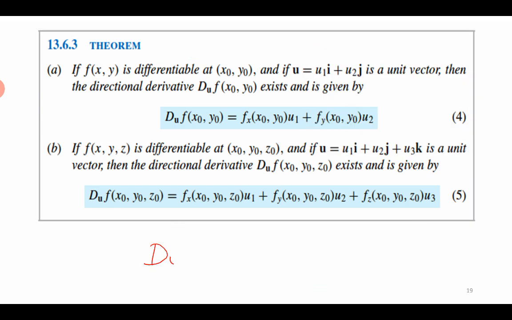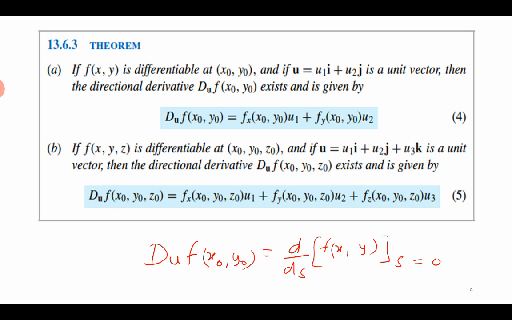So the directional derivative of f at the point x0, y0 is obtained as follows: first we differentiate f of x comma y, not x0, y0, with respect to s, and then take s going to 0.